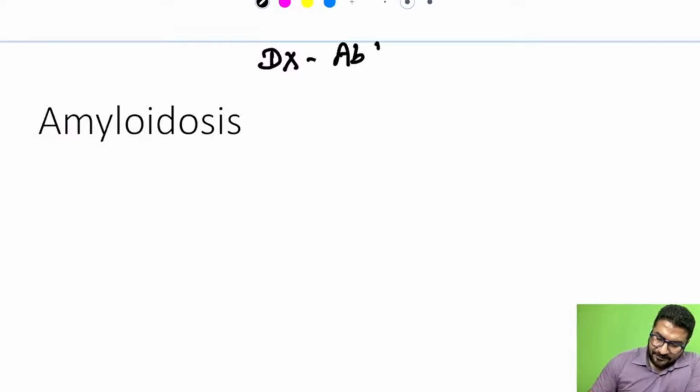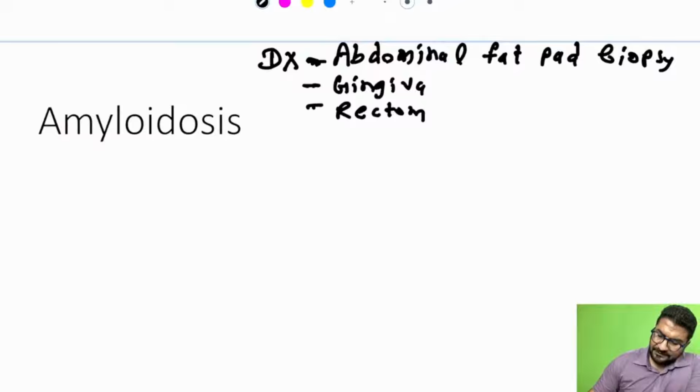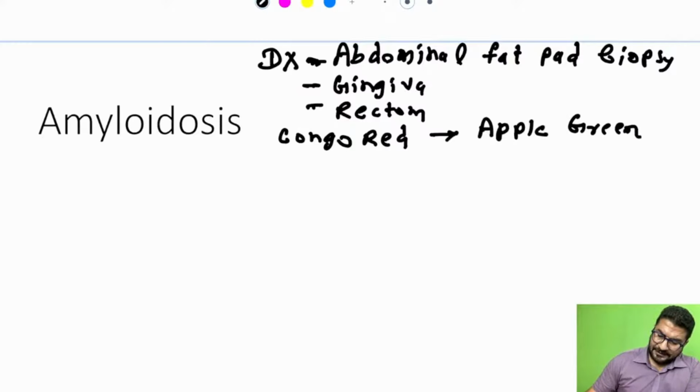The preferred site will be abdominal fat pad biopsy. The second best site, you can take a sample either from the gingiva or from the rectum. After biopsy, we stain it with Congo red, and it will show apple green color under polarized microscopy.